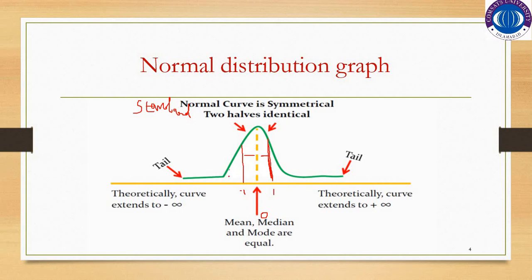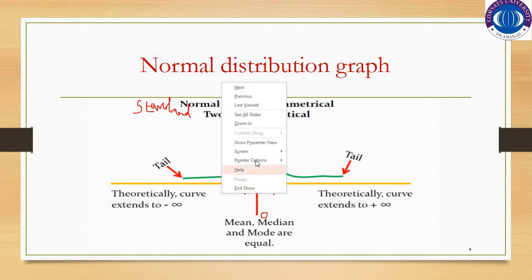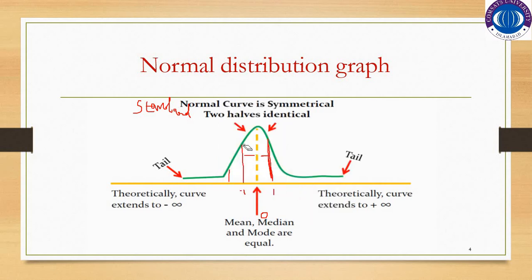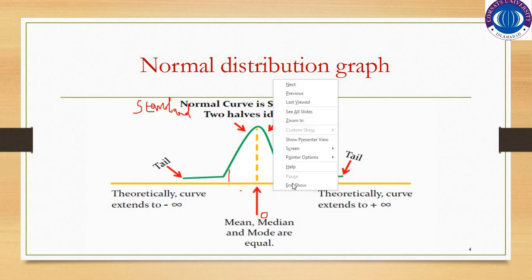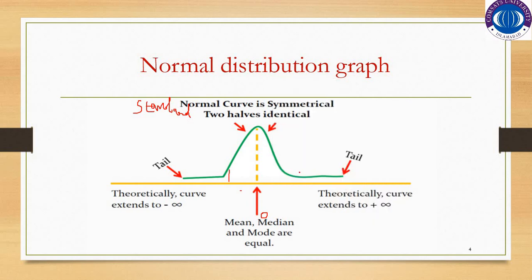So you are looking for minus 1.25, and you have the table value for 1.25. Somewhere here it should be minus 1.25 and somewhere here it should be 1.25.